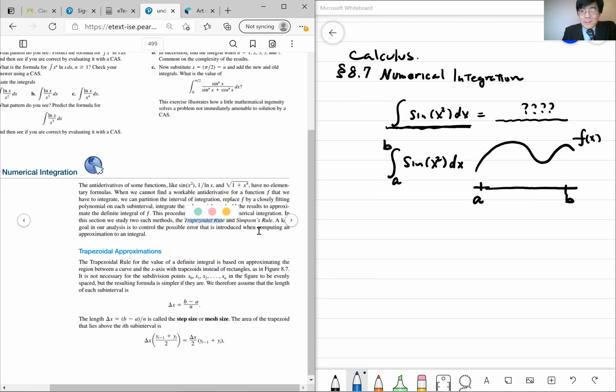The idea is you are going to find the area under the curve by splitting the interval into several intervals. In each interval, you only pick the endpoints.